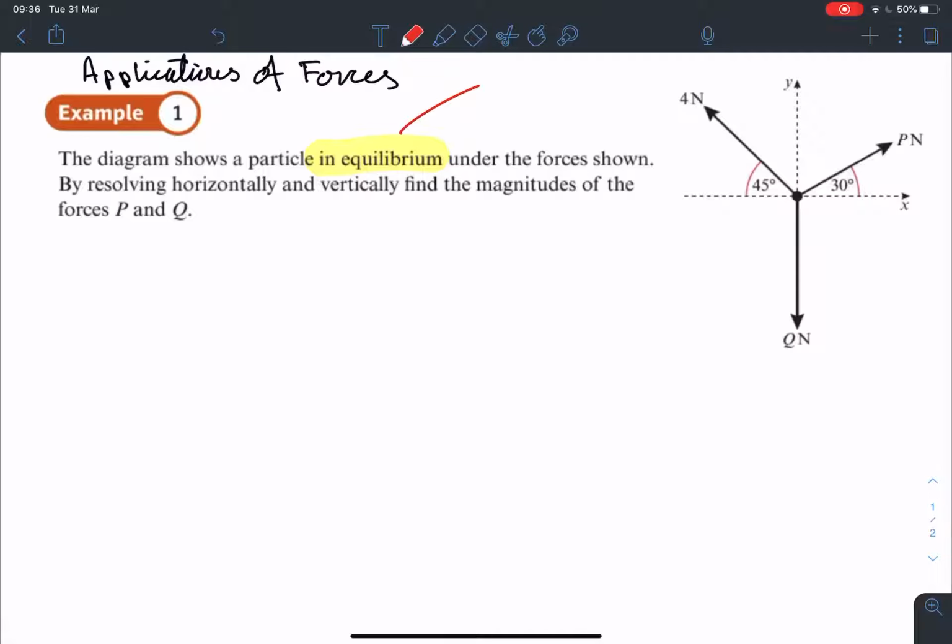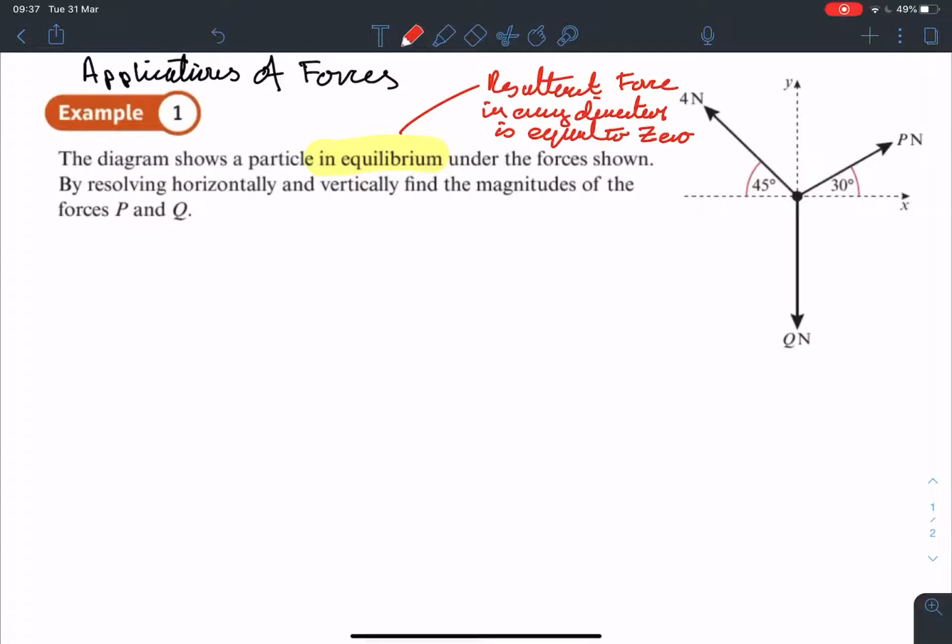If it's in equilibrium, the resultant force in any direction is equal to 0.